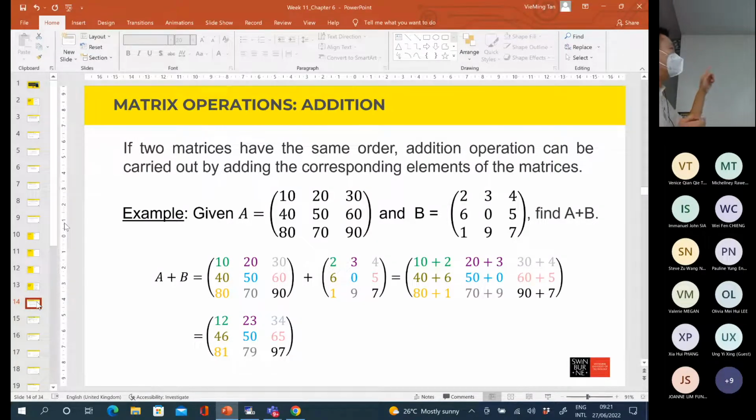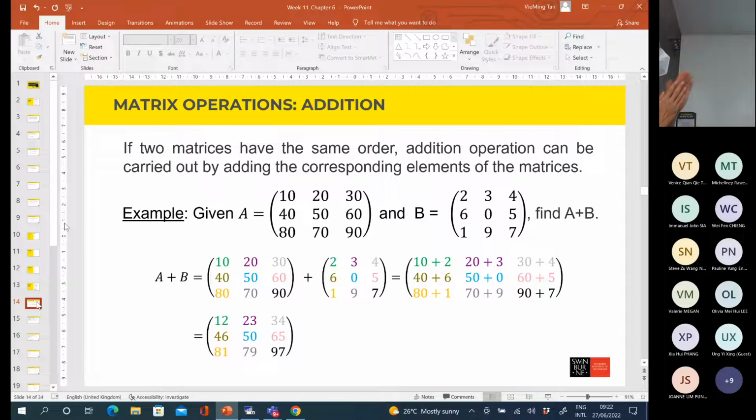If the two matrices have different rows and columns, then we cannot sum them up. So make sure that the two matrices have the same number of rows and columns. Otherwise, the summation of the matrices does not exist.